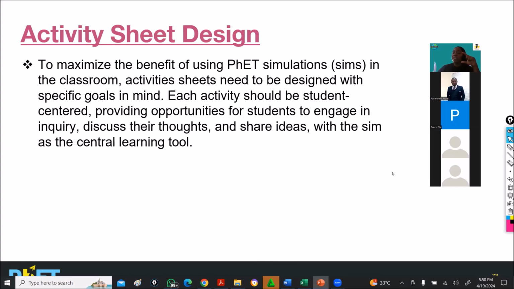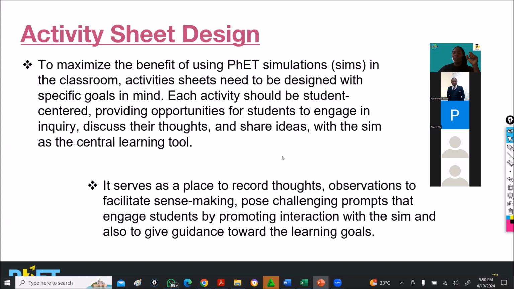So everything on your activity sheets should point to the sim that you are using. Don't worry, we're going to see an example together. It serves as a place to record thoughts and observations to facilitate sense-making, pose challenging prompts that engage students by promoting interaction with the sim, and also give guidance towards your learning goals.